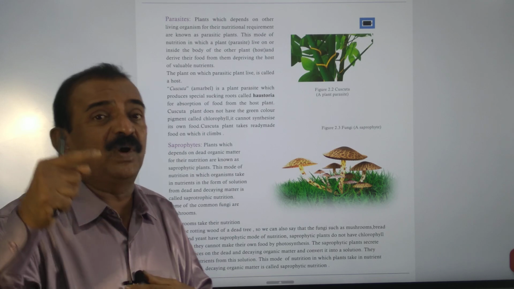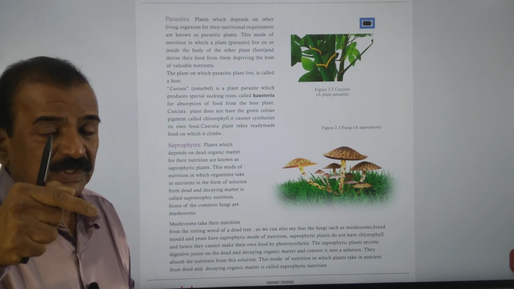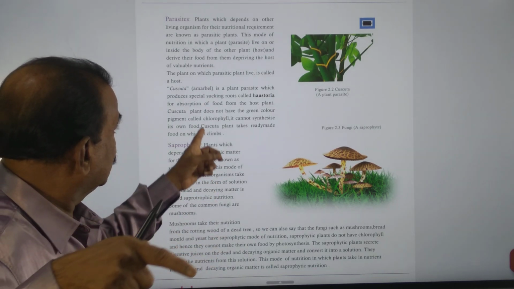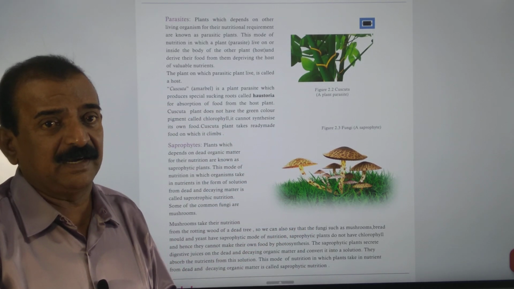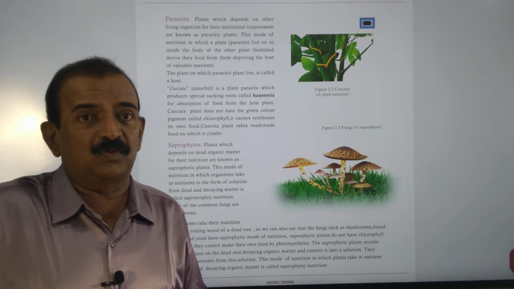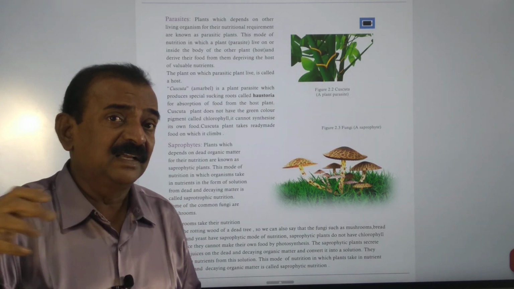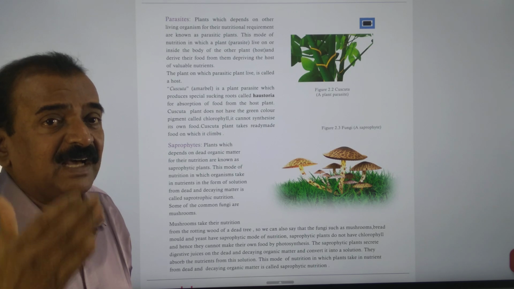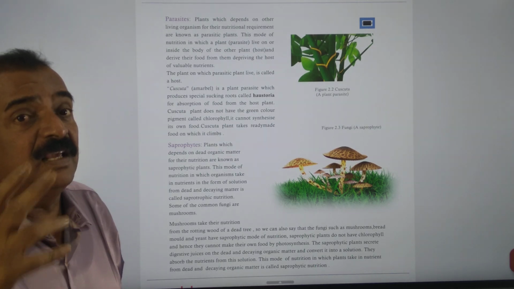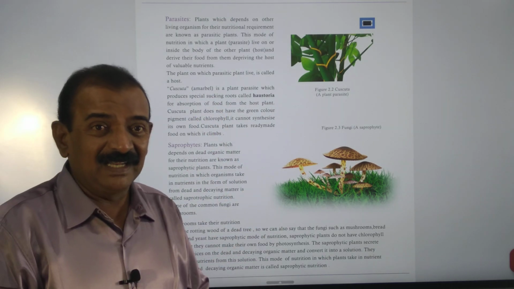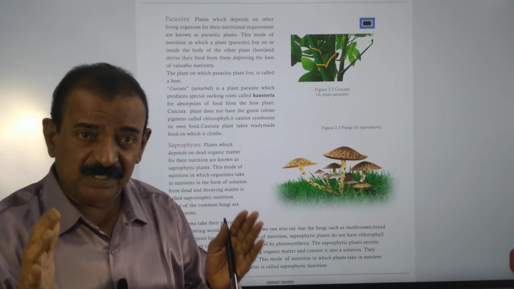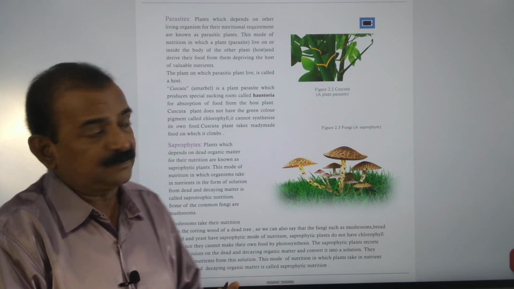It produces sucking roots, and these sucking roots penetrate the internal part of the host plant, and it sucks the valuable food materials, and it survives. This type of nutrition is known as parasitic nutrition. An example of parasitic nutrition is the Cuscuta plant.